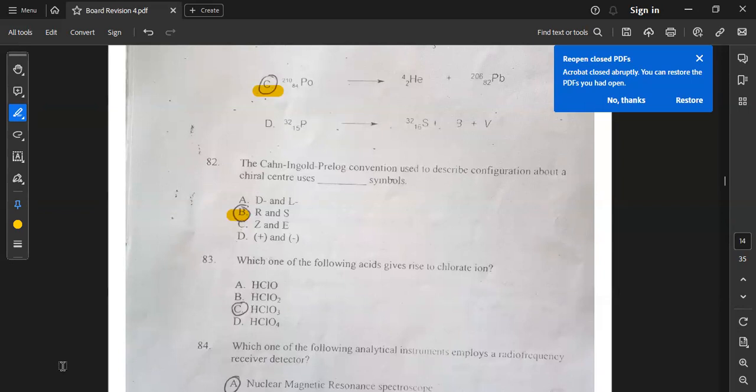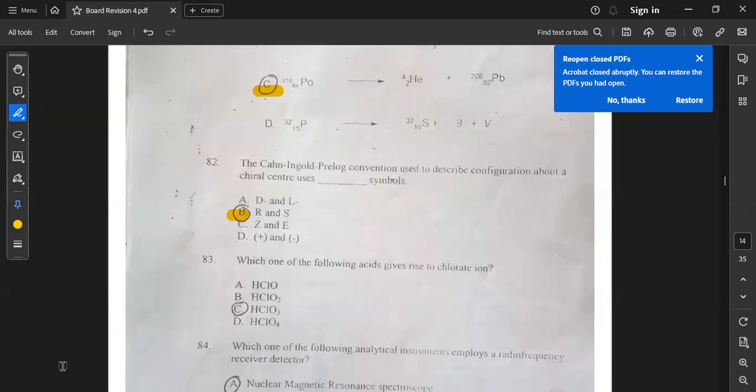What of D and L? What are D and L describing? Dextrorotatory and levorotatory. Dextro and levo rotatory, that's right.